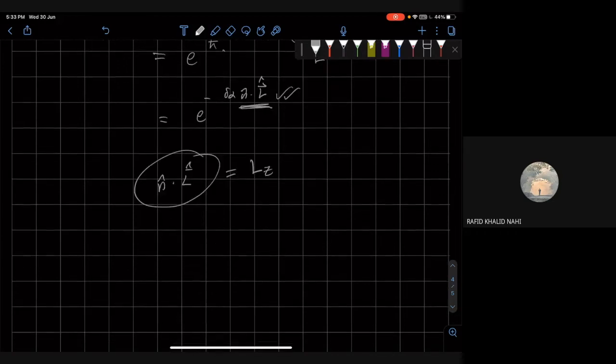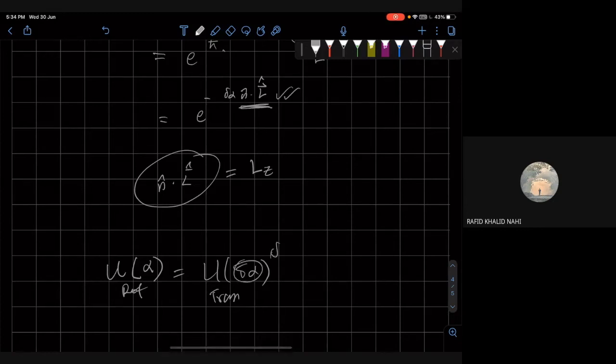So we can say U(alpha), which is rotation by the angle alpha, can be seen as applying the translation operator a lot of times, to the power n, where n goes to infinity and this angle becomes smaller and smaller, right? So there's a lot of application of these things here.